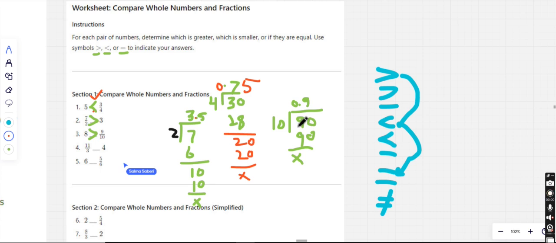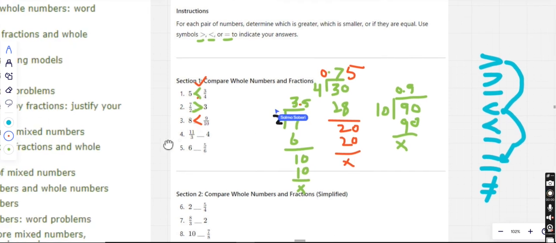It becomes 90, which is greater than 10. So 10 times 9 we get 90. As a result, the quotient we get is 0.9, which is less than 8. Understand?